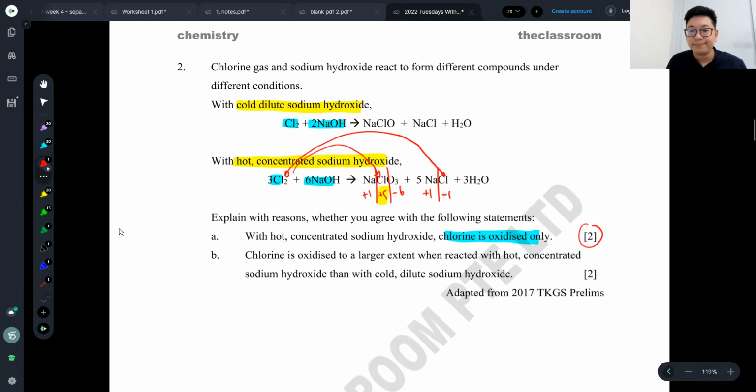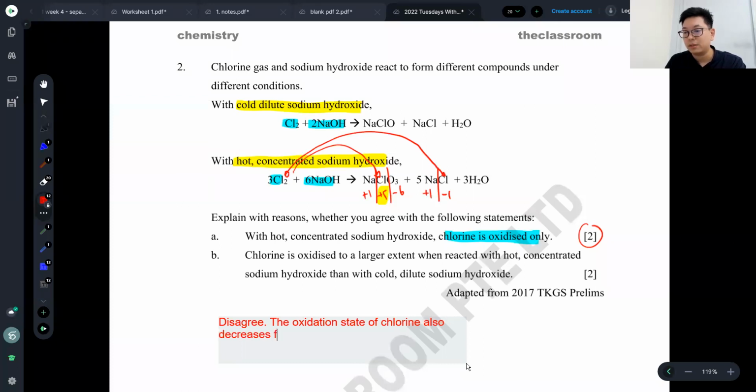So, maybe I should type it up. Do you agree? No, disagree. Disagree. The oxidation state of chlorine also decreases from 0 in Cl2 to -1 in NaCl, and chlorine is reduced. Let me think if I want to write in the oxidized one.